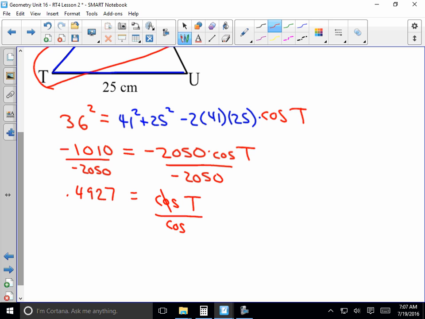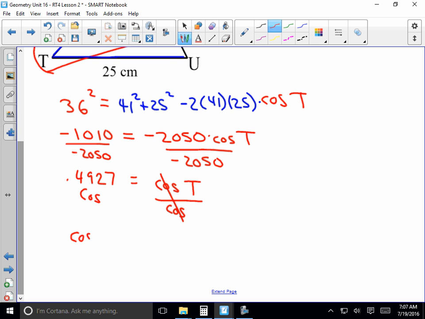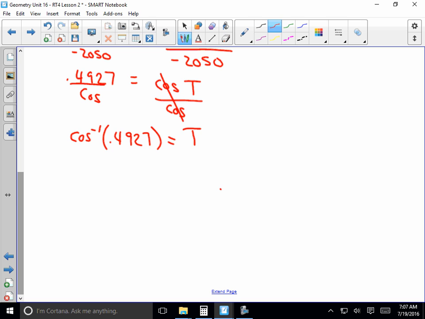Finishing up, we want to divide by cosine, and we finish our process by using the inverse cosine. So we've got inverse cosine of 0.4927, and we get 60.5 rounded to 1 decimal place for the measure of angle T.